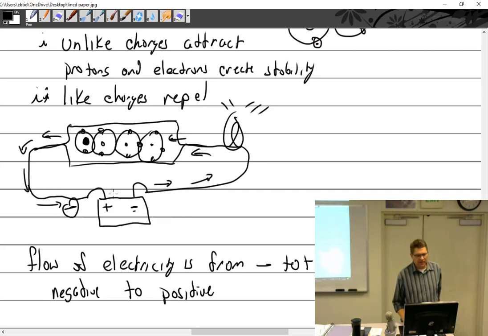Now the funny thing is, I think it was around the mid-50s, like around 56, when they actually figured this out. Up until then, it was always said that electricity flows from positive to negative.